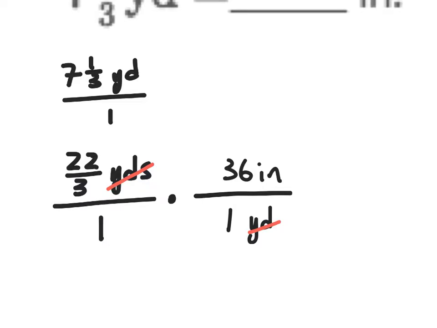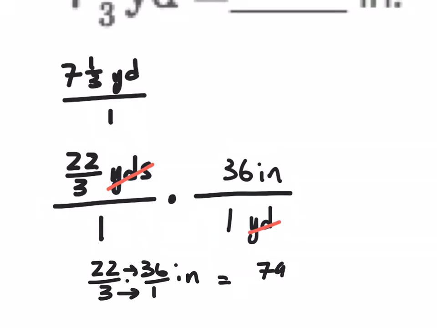So then what you have left is 22 thirds times 36 over 1 inches. If I multiply these two fractions together, I take 22 times 36, which gives me 792.